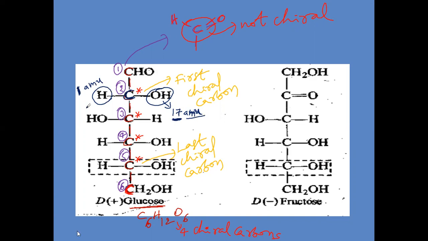Now we have to draw a curved line, from lower mass hydrogen to higher mass OH group.